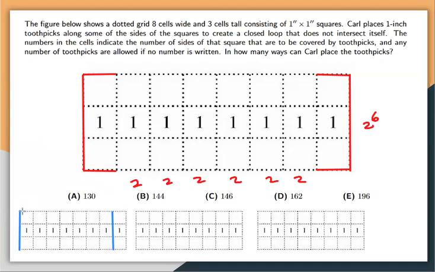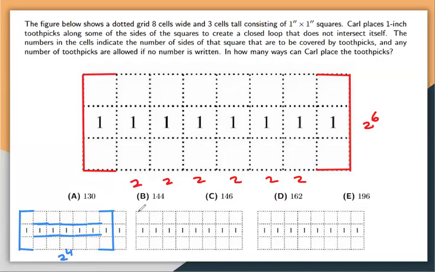So we start the same way, and then we decide how many ways we can finish. I have 2 choices, 2 choices, 2 choices, 2 choices. So in this case we have 4 options instead of 6 options. You can choose either top or bottom, so you get 2 to the 4th power.